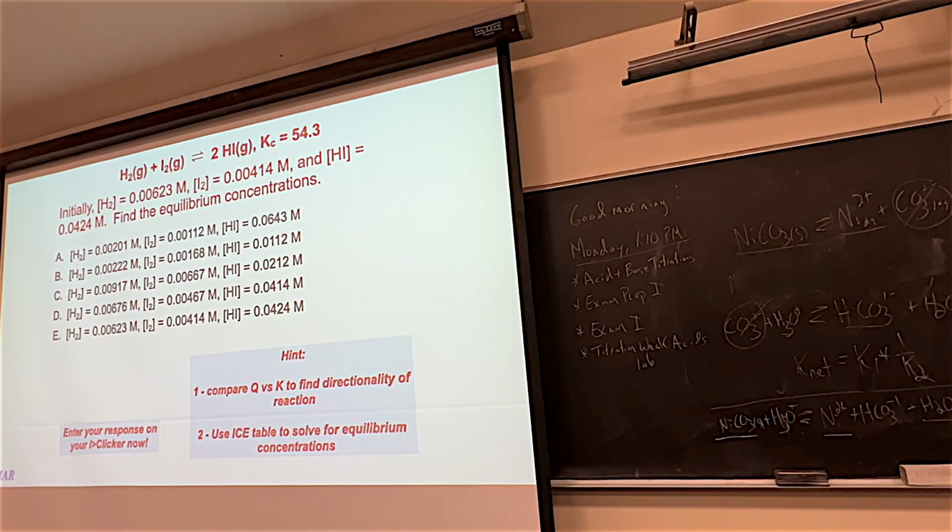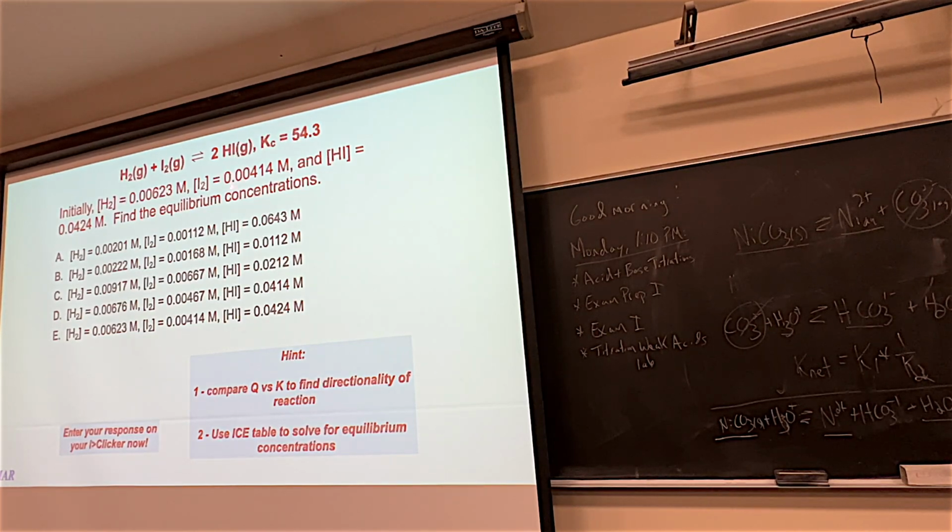Now, why this is a little wild, all right, is first of all, we don't know if the reactants, these two, are going to go to products, the HI, or if HI, the product, is actually going to backpedal and go back to reactants. We don't know the direction, so when you get to the change row of the ICE table, we don't know where the positives and negatives are. So the first thing in this problem that we would have to do is compare Q versus K.